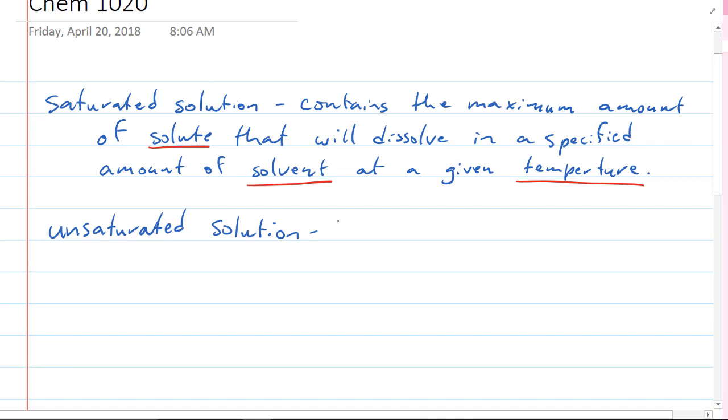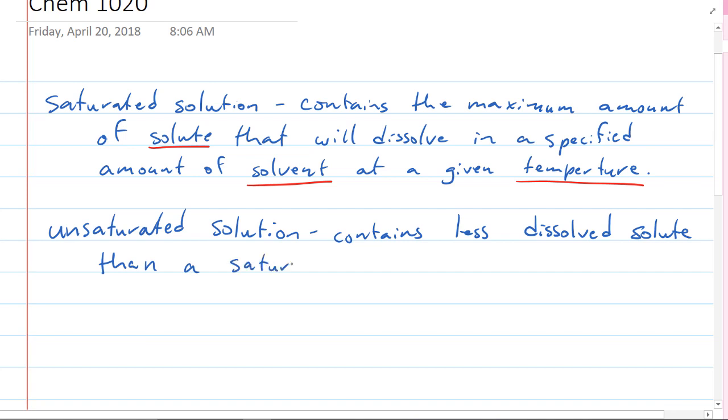We say that it is one that contains less dissolved solute than a saturated solution at the same temperature.